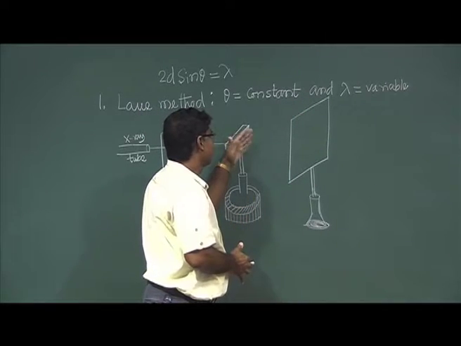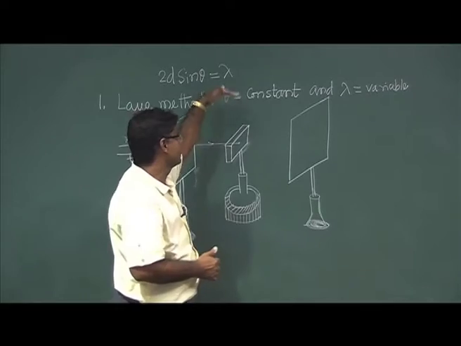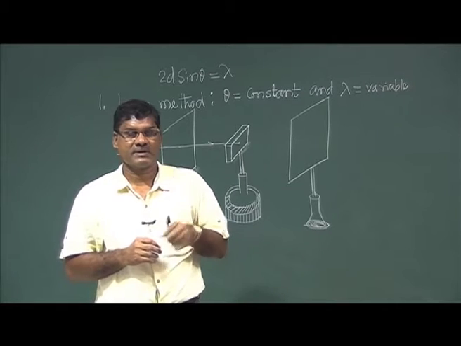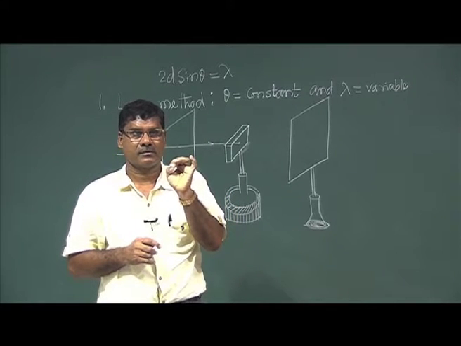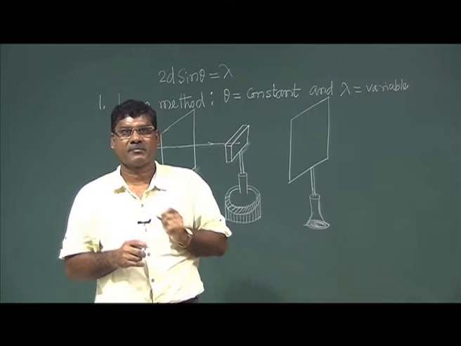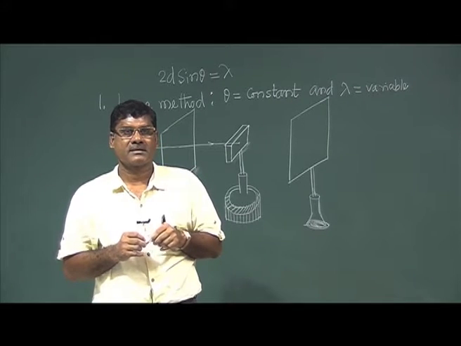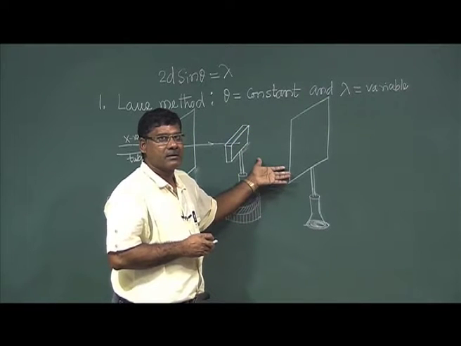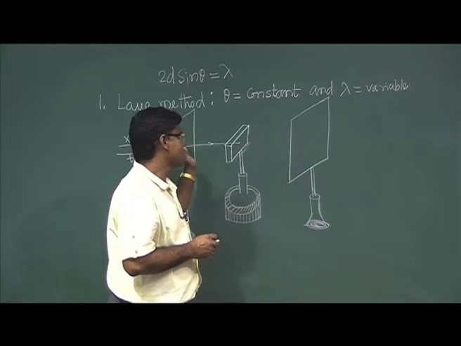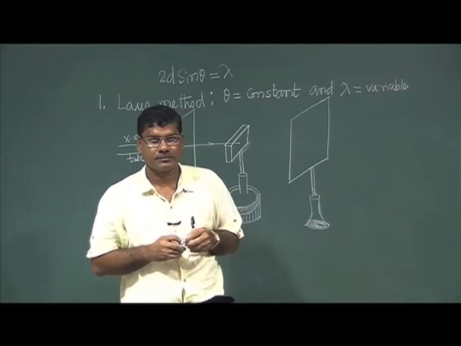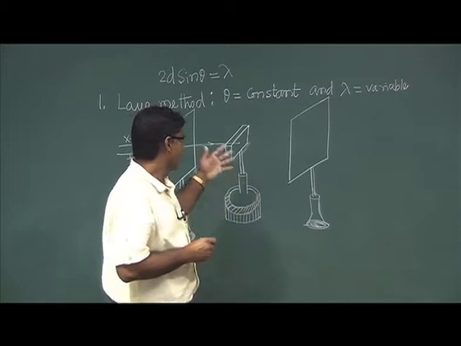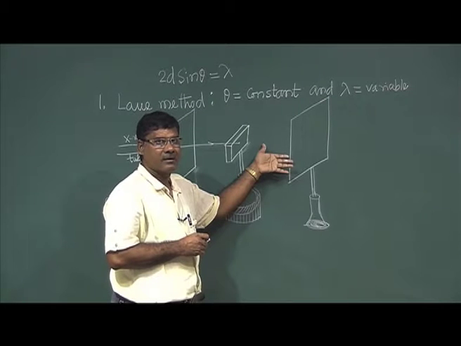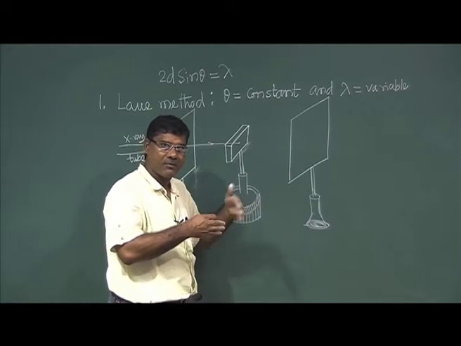If you put the plate in any position you will see higher intensity in different places, but we put the film in these two positions, and that is why this is one method.